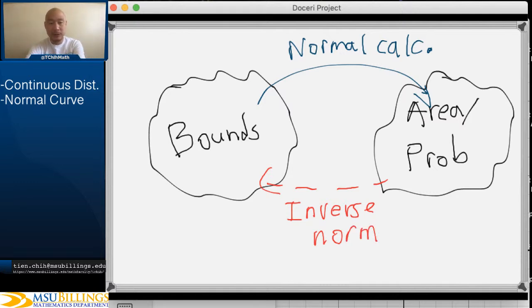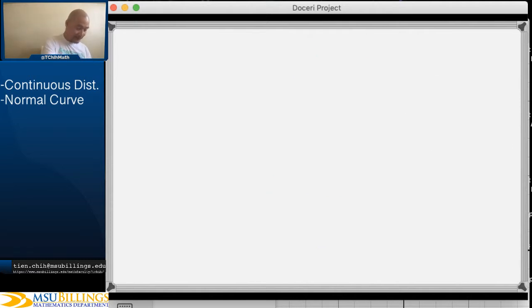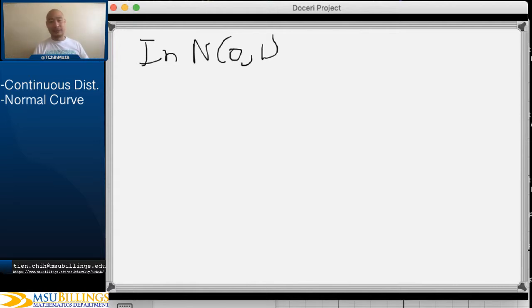Let's go ahead and ask ourselves a fairly basic inverse norm question, in N(0,1). N(0,1), if we recall, is the normal curve with mean 0 and standard deviation 1, which is the standard normal curve.